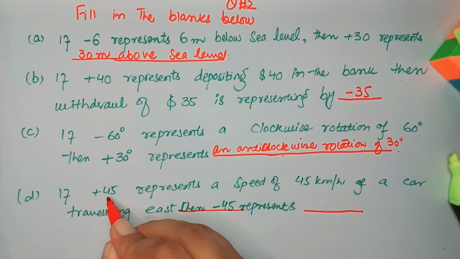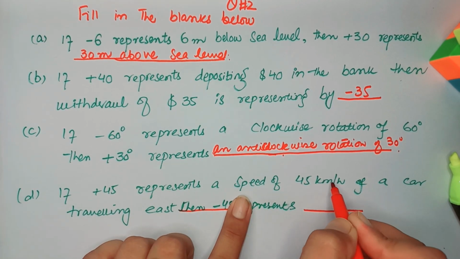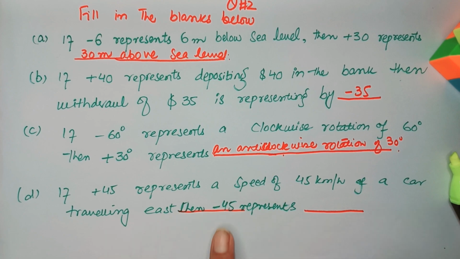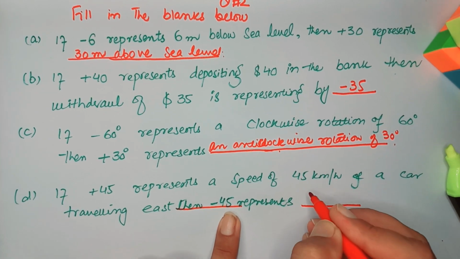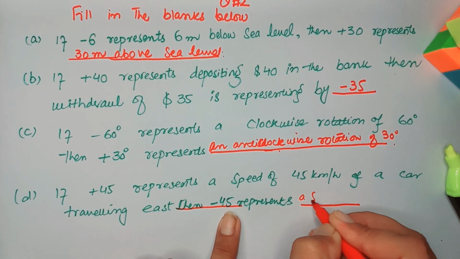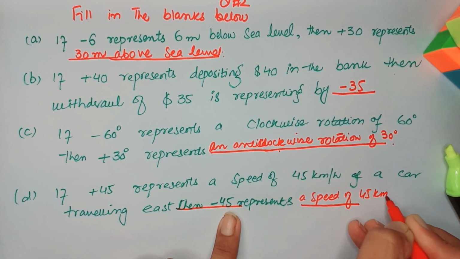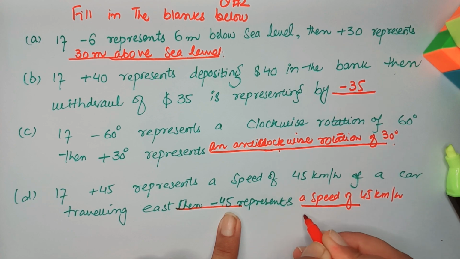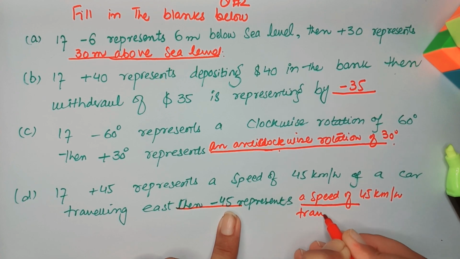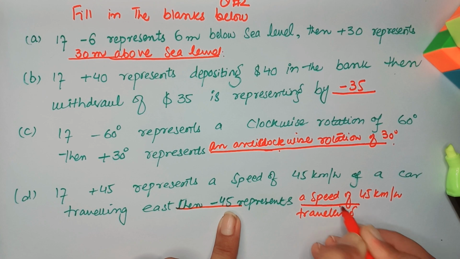Plus 45 represents a speed of 45 km per hour of the car traveling east, so minus 45 represents a speed of 45 km per hour of a car traveling west.